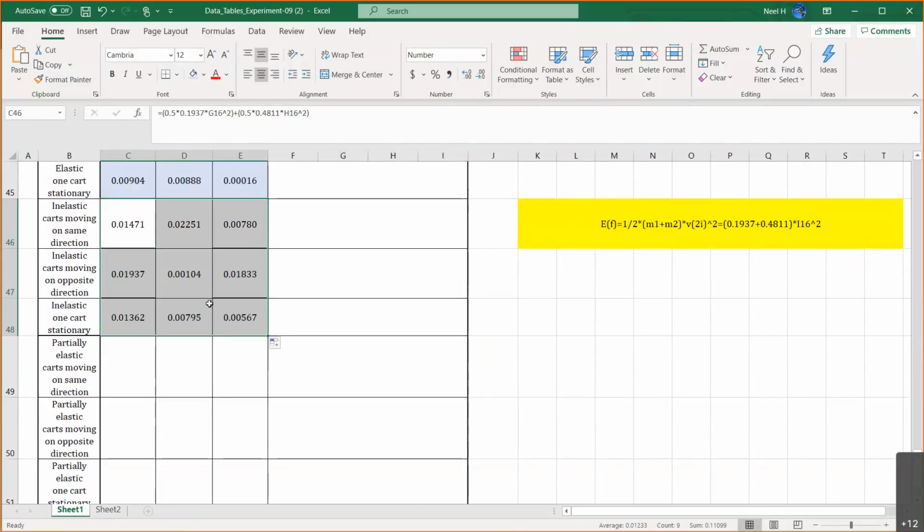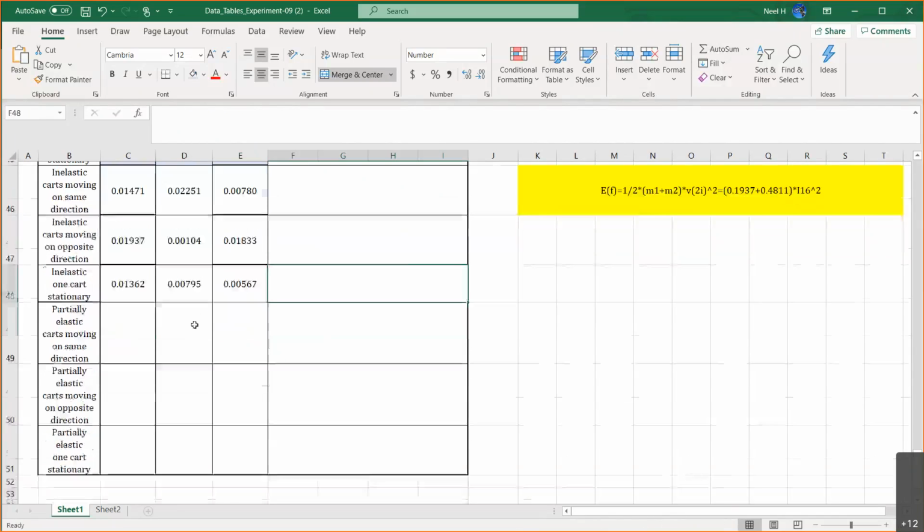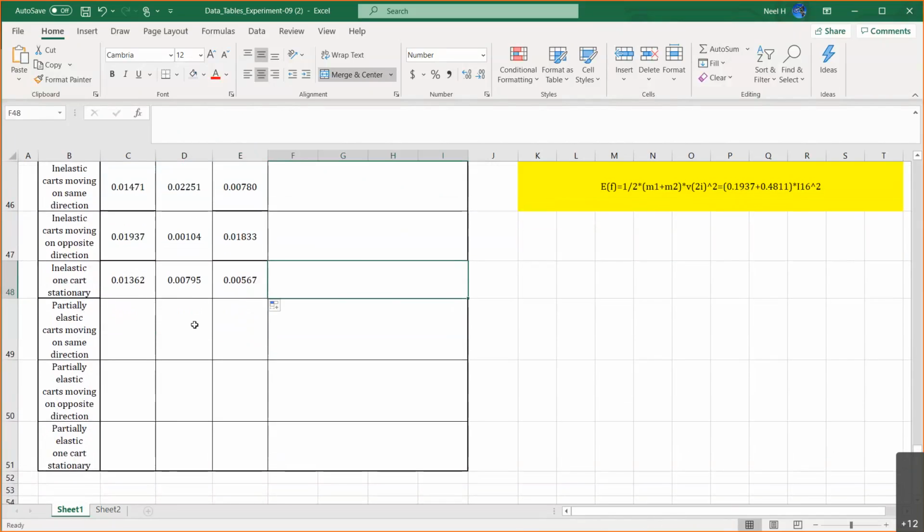All right, you can see all of these numbers are extremely large compared to previous values. See that? That's the idea of an inelastic collision. Energy must be lost in large amounts. Okay. Question?